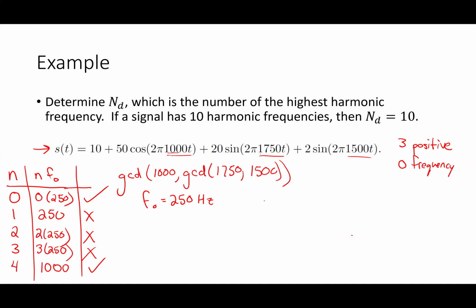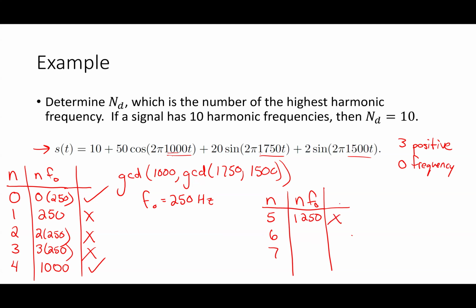Now I got some more apparently here. So n and n f naught. For n equal 5, 6, 7. 5 times 250 is 1250. Do I have a 1250 term?